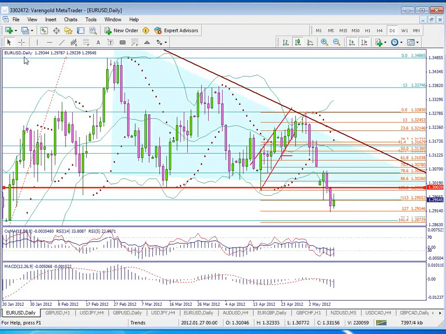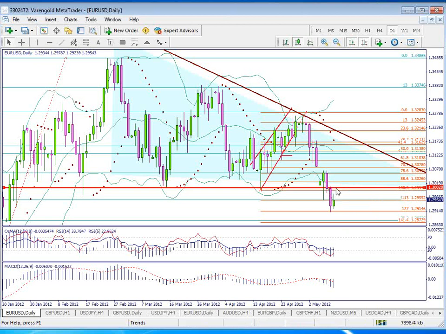We have to consider also that this pattern was formed on daily chart, so it means that it will take a few days to see one clear downtrend.